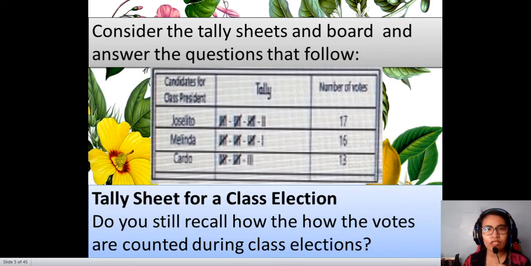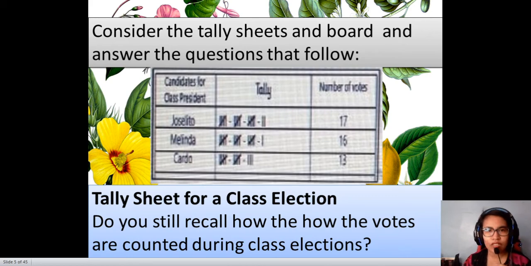First, let us consider the tally sheets and board and answer the questions that follow. So we have here a tally sheet for a class election. We have candidates for class president, then the tally, then the number of votes. We have here Joselito, Melinda, and Cardo.